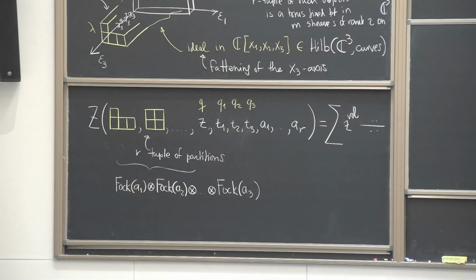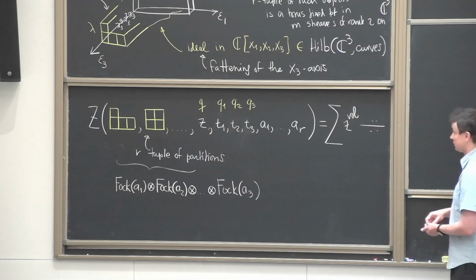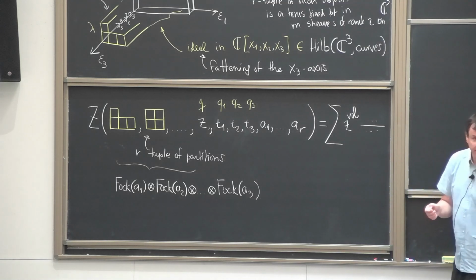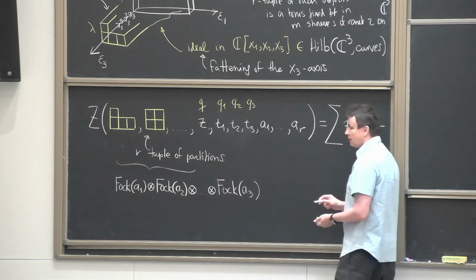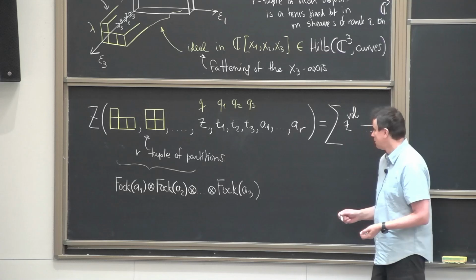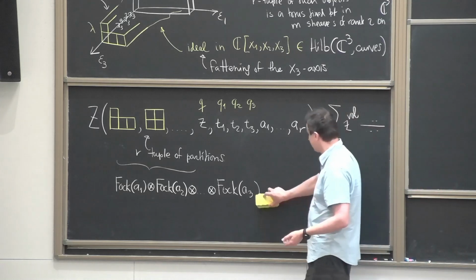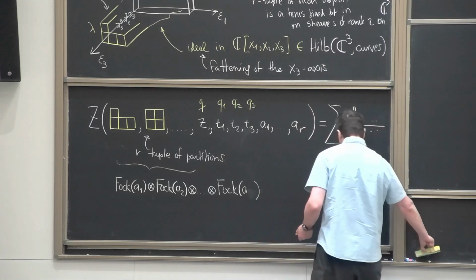And it's very interesting what this function is, even for one partition. In Nikita's situation, if you had one partition, it was not a very interesting function. Here, even for one partition, it's already very interesting. AR, thank you.